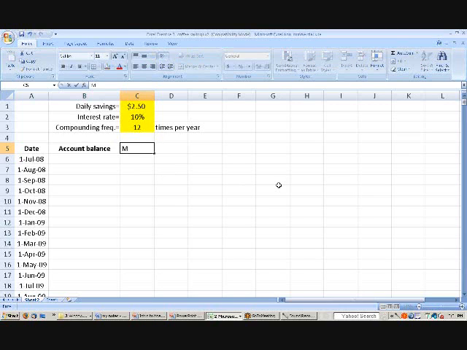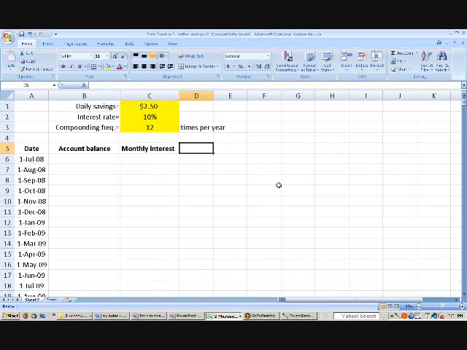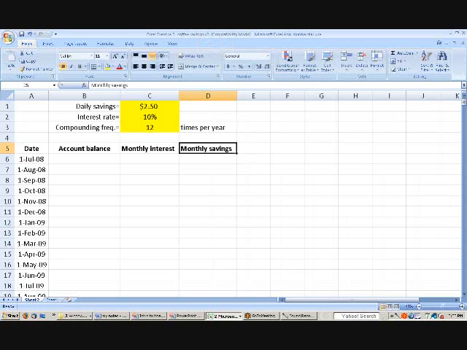And then we're going to earn interest every month on those savings. So we have a column for monthly interest. And then we're going to save some money every month from buying cheaper coffee. So we're going to have a column for monthly savings.